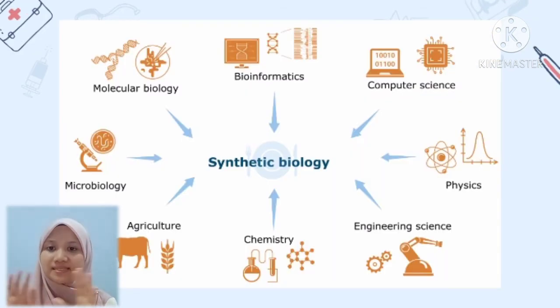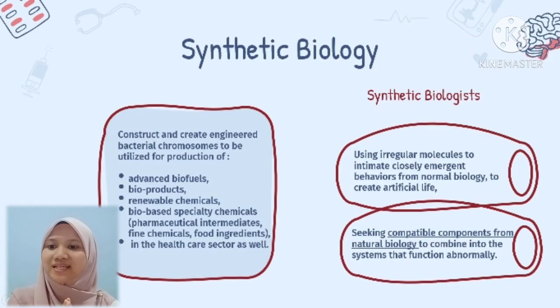There are a few examples of fields that use synthetic biology: molecular biology, bioinformatics, computer science, physics, engineering science, chemistry, agriculture, and microbiology. Synthetic biology can be categorized into two broad classes.